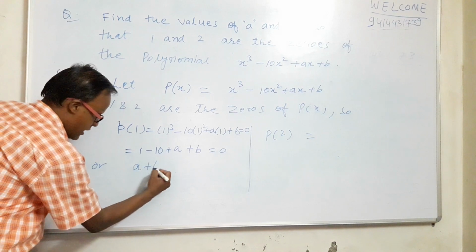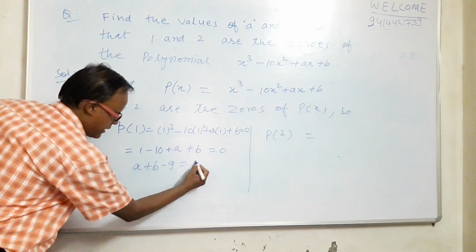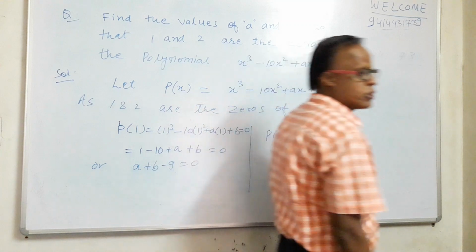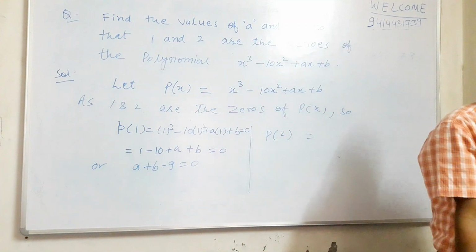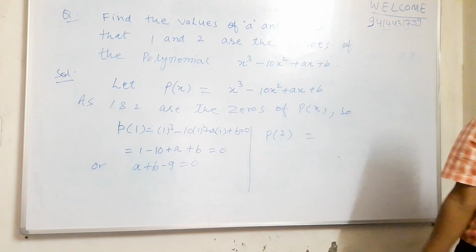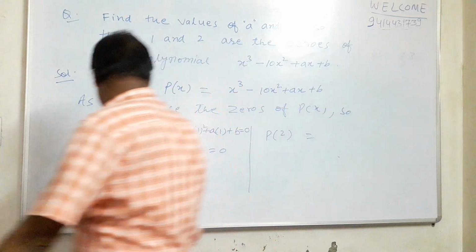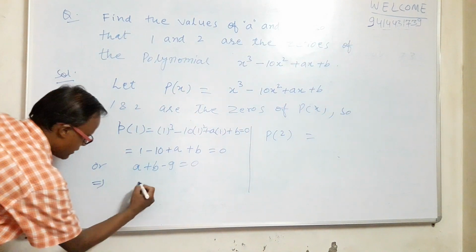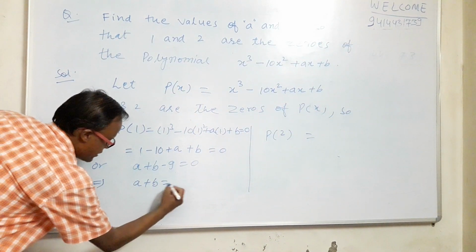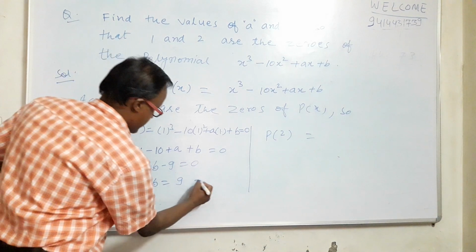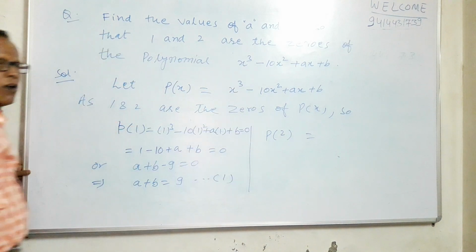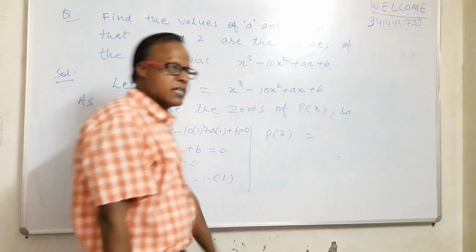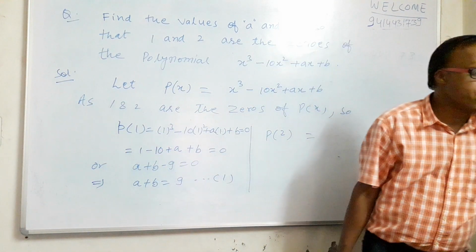So a plus b minus 9 is equal to 0. This implies a plus b is equal to 9. Say this is equation number 1: a plus b equal to 9.